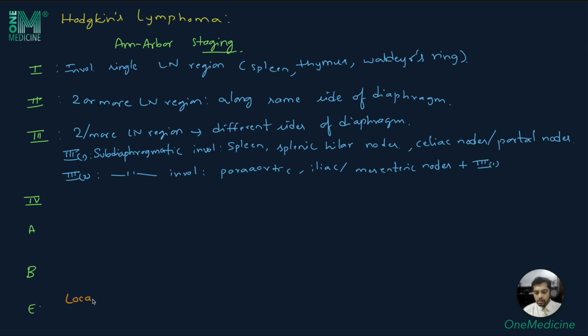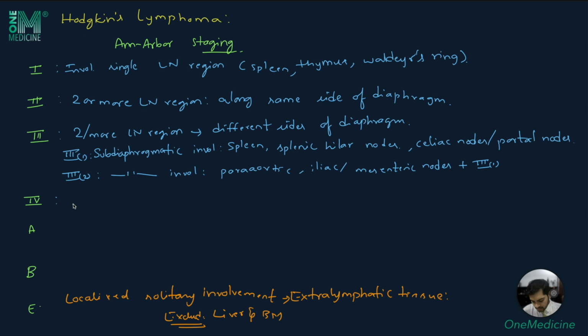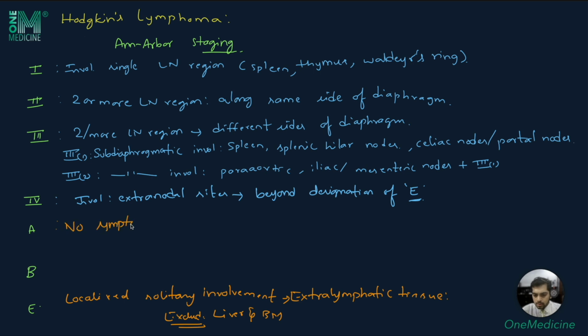Stage E is localized solitary involvement of extra lymphatic tissue excluding the liver and bone marrow. Stage 4 is involvement of extranodal sites that are beyond those designated in the stage E. Stage A is no symptoms.